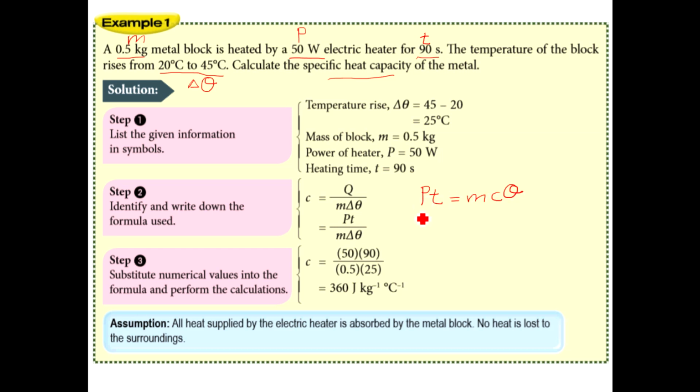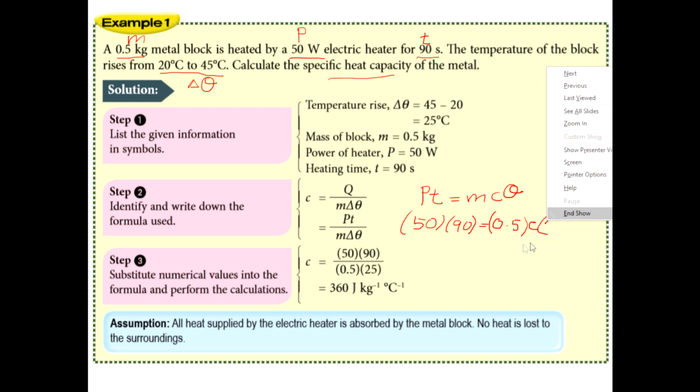So P now is 50, and the time taken is 90 seconds, equal to the mass of the metal block, 0.5, and then the specific heat capacity that you need to determine, and the change in temperature is from 20 to 45, so 45 minus 20. Actually this sentence will give you 1 mark.